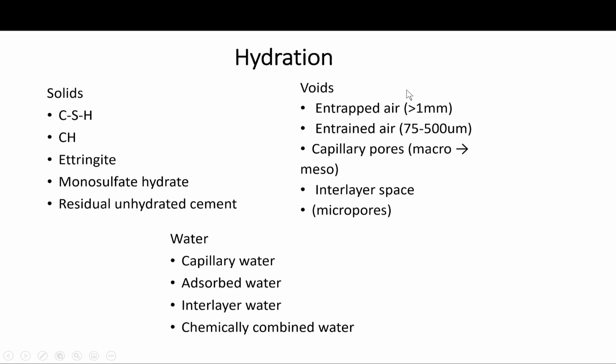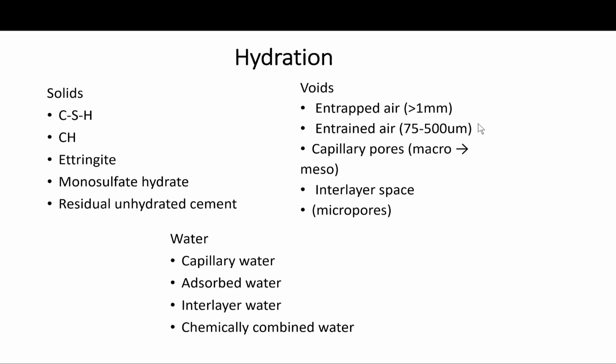We will have entrapped air. This is from the mixing process, larger than 1 millimeter. We have entrained air. This is what we intentionally entrain into the concrete, mainly for the freeze thaw resistance, and of course it has other advantages.